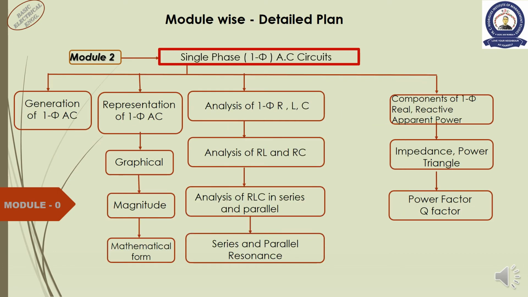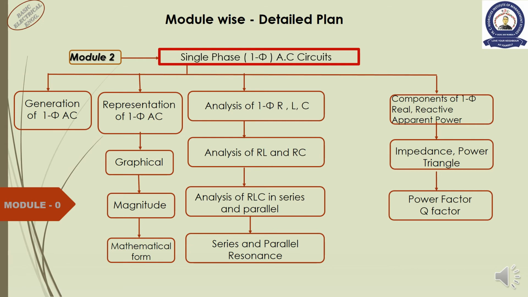Next, in module 2, we are going to study single phase AC circuits, where first we are going to study the generation of single phase AC, then the representation of single phase AC, for example, V equals Vm sin omega t, and then understand its graphical concept, magnitude and mathematical form. Later we are going to study the analysis of single phase RLC.